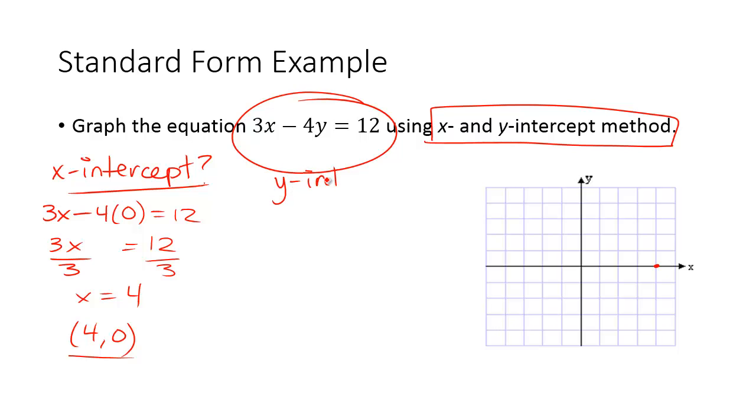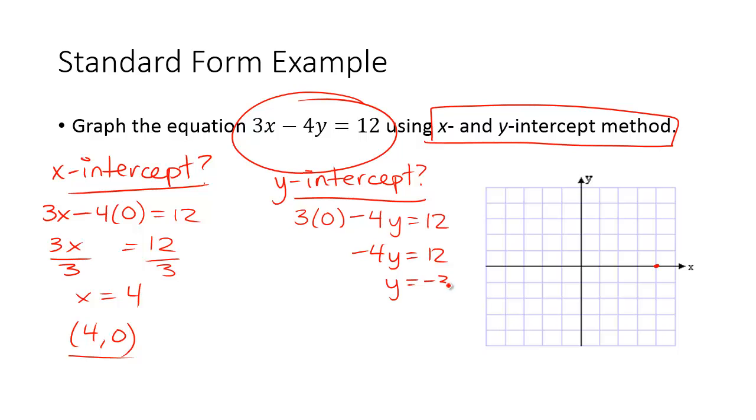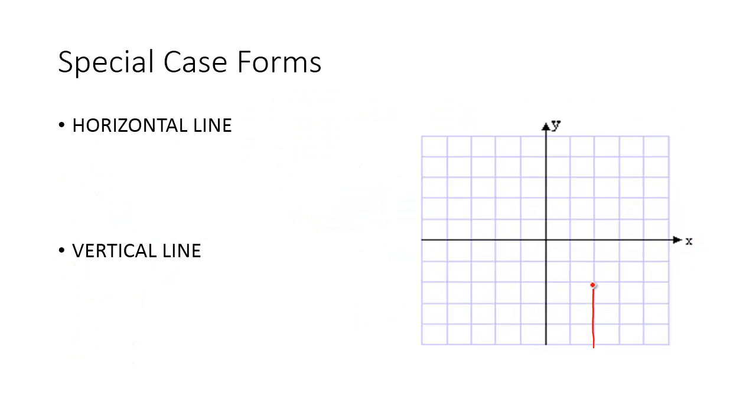What do we do for the y-intercept? Let the x be 0 and solve for y. So you have negative 4y equals 12. Divide by negative 4 is negative 3, so you get 0, negative 3. Okay, so say you had this line here, what would that be?